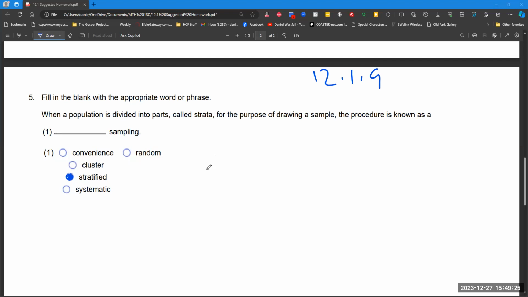The ones that have more bias in them are easier usually than the ones that have less bias in them. And we want to get as unbiased as we can, though sometimes we don't have all the money and resources to go completely unbiased. So we go for a good result as opposed to a perfect result sometimes in statistics.